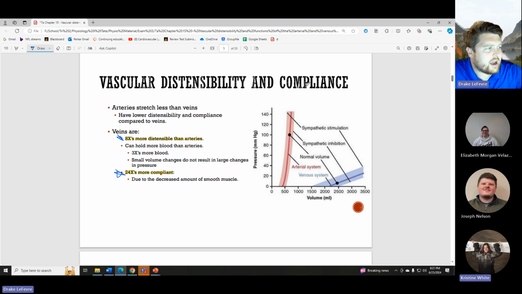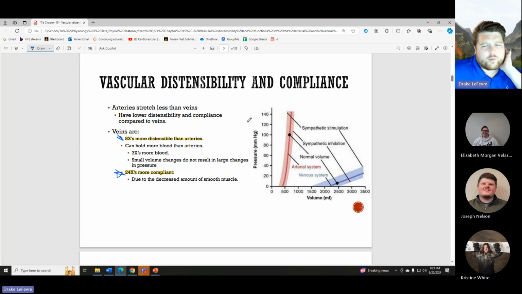As well, in this graph here, we look at sympathetic stimulation and sympathetic inhibition. So the nervous system stuff, the way that we control the size of the vessels, and we'll get into this more when we get to the neuro stuff, is through smooth muscle control.